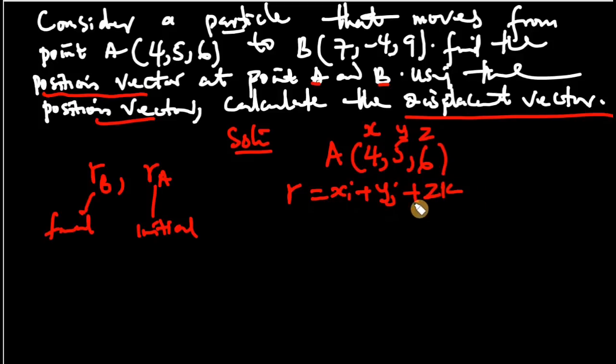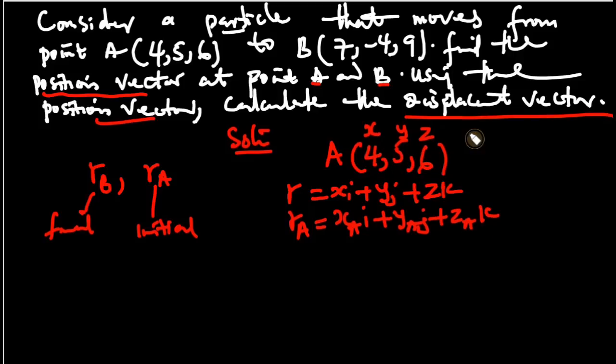So in this case now, our first position, which is the initial position, since this is denoted with A, this will be XA i plus YA j, and this will be ZA k. And we can now fix in what we have here.